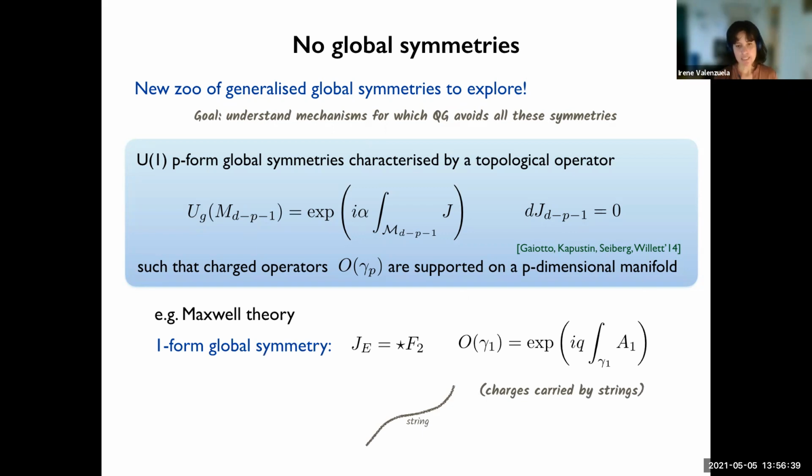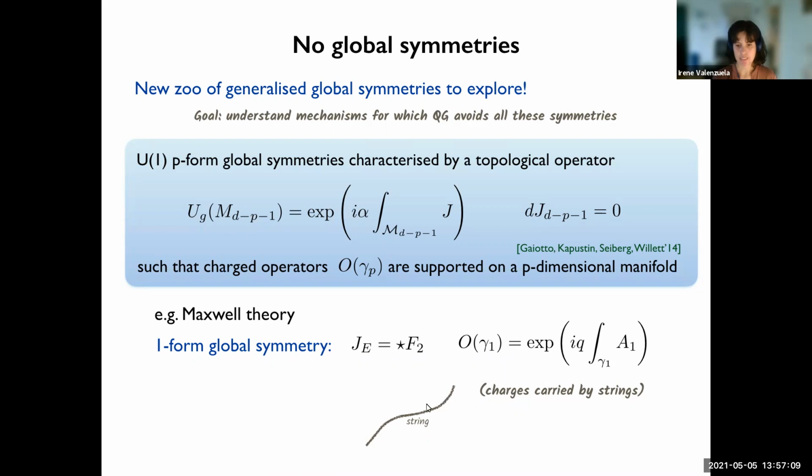The canonical example is Maxwell theory, where you have a one-form global symmetry with a current given by the electric or the magnetic field strength. And the charge operators are not local operators, they are these Wilson lines, that create one-dimensional string states.